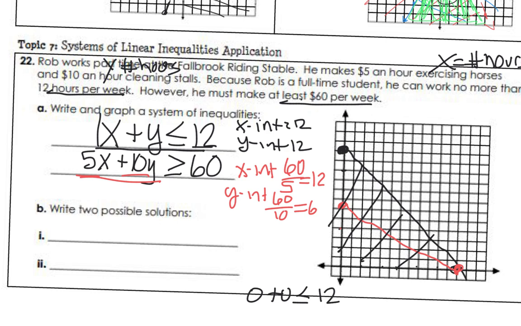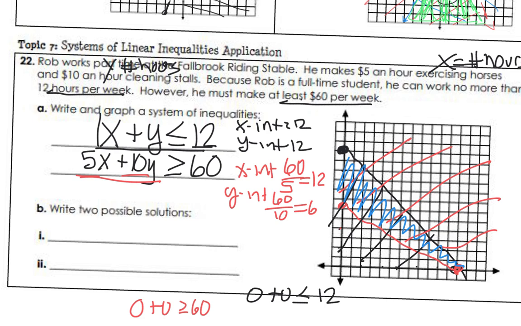For this equation, 5 times 0 plus 10 times 0, which is 0, is greater than or equal to 60? Well, no, it's not. So it's going this way. So all of my solutions are going to be in between here, where it's red and black.